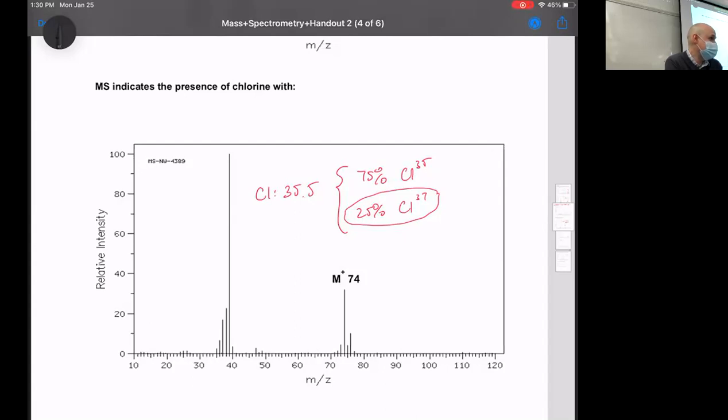So what this looks like in terms of a mass spec is no matter what else is in your molecule, you'll have a peak and then you'll have a peak 2 higher. Because most of the time your chlorine weighs 35, but sometimes a significant amount of time, your chlorine weighs 37, which is 2 more.